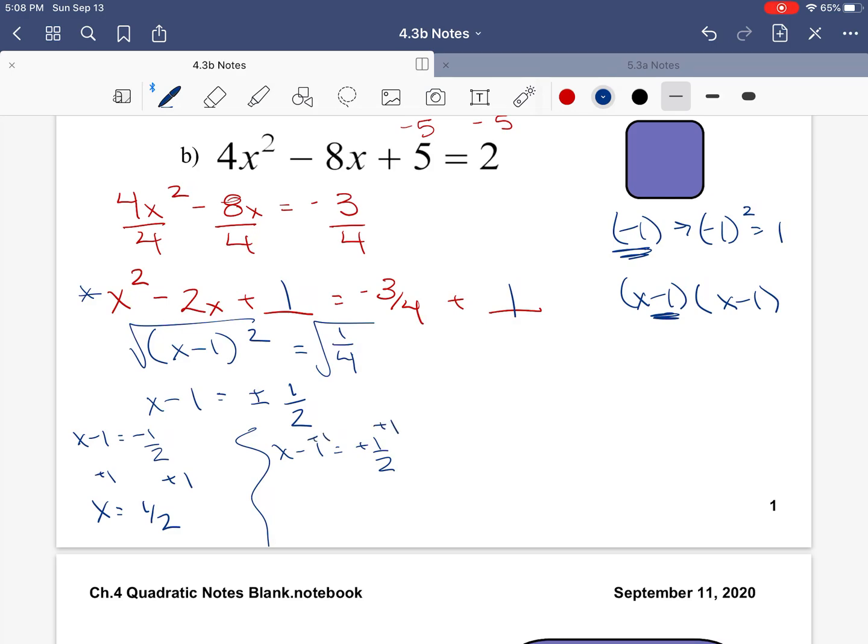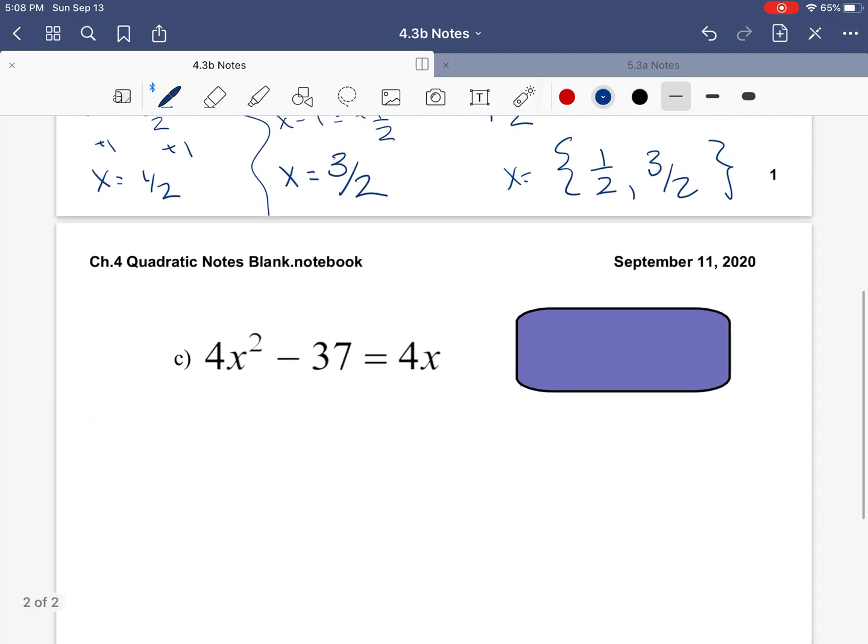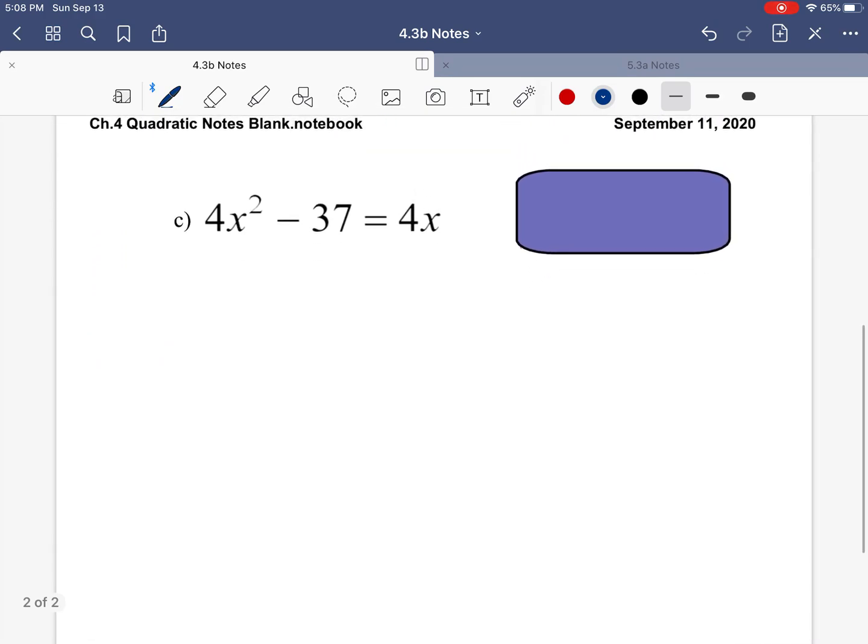If I'm adding 1, x is equal to, well, 1 plus 1/2 is 1.5. And 1.5 as an improper fraction is 3/2. So that's our solution set: 1/2, 3/2. Again, really only that dividing step is the only thing that's different.